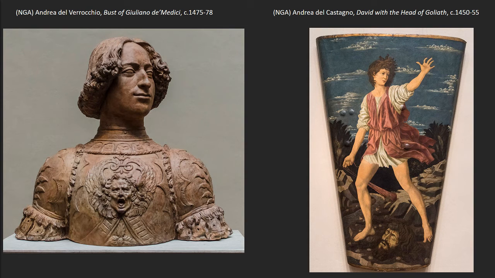Giuliano de' Medici. This is the grandson of Cosimo, right? And a portrait bust made of him, probably at the time that he had his ceremony for his coming of age. Usually, if you're the scion of a major family, right, the oldest son of the major family, that family will have a coming-of-age celebration.